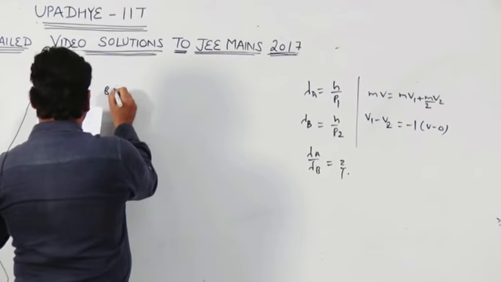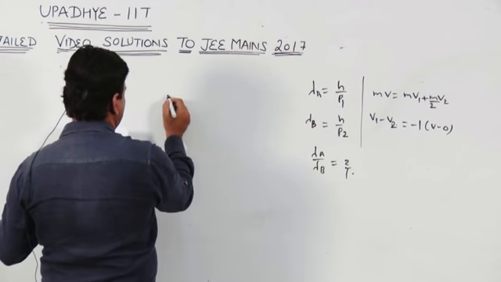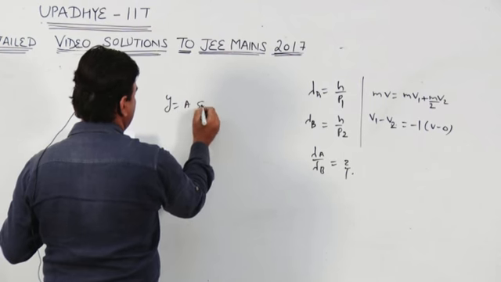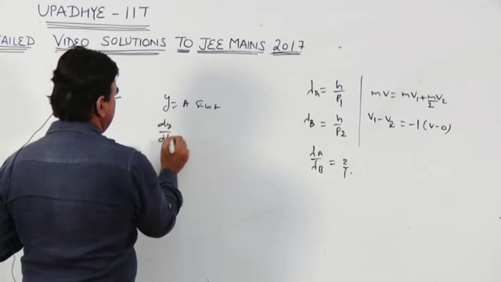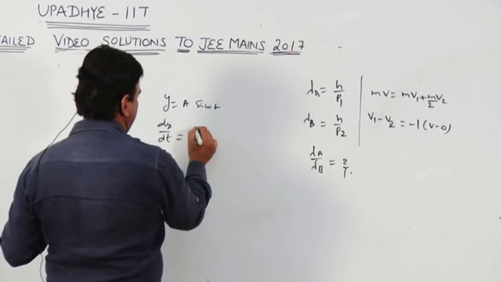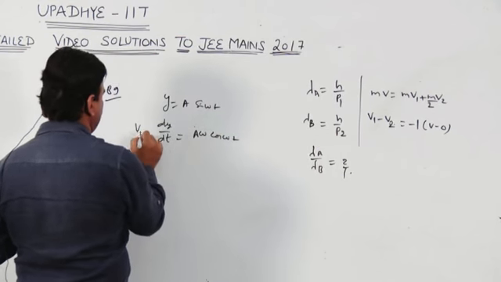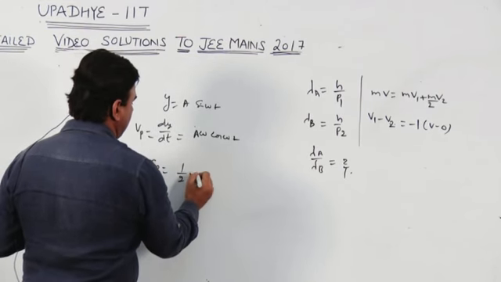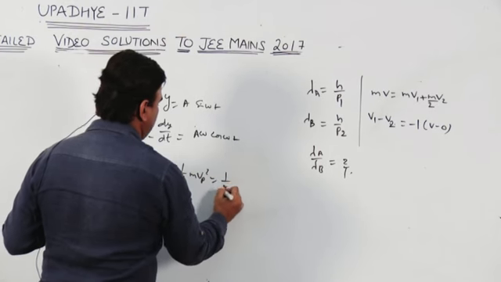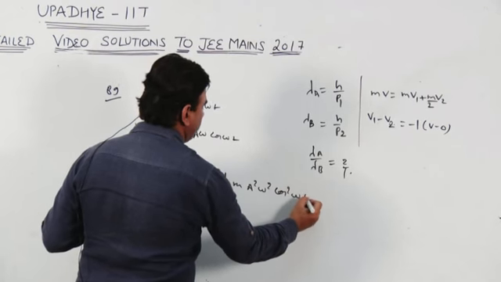The particle is executing simple harmonic motion, so y equals a sine omega t, and the velocity of the particle on differentiation becomes a omega cos omega t. So this is the velocity of the particle, and the kinetic energy of the particle is nothing but half m v_p square. So this becomes half m a square omega square cos square omega t.